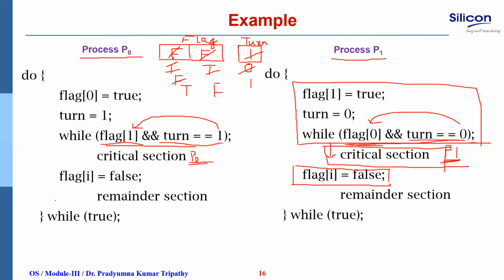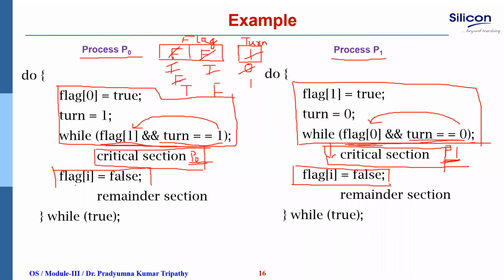Actually, this is one code I have written for both the processes, written two times. This is your entry part, and this is your exit section. The remainder section is written. Is it understood? Now this is one of the solutions for the critical section problem.